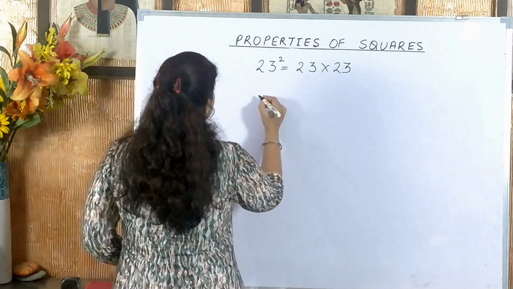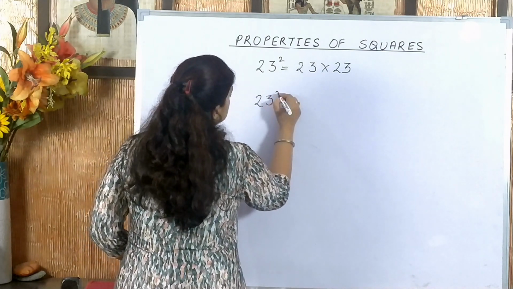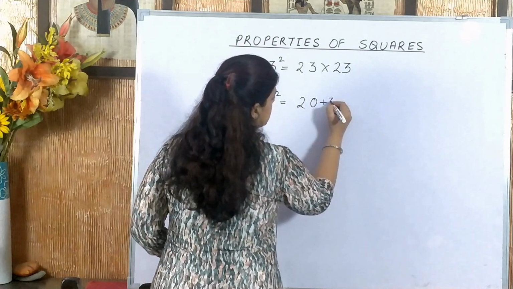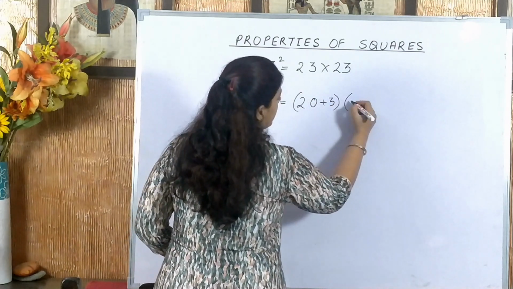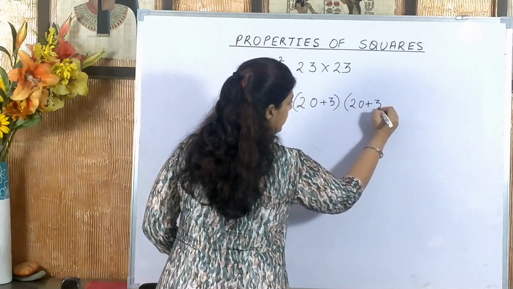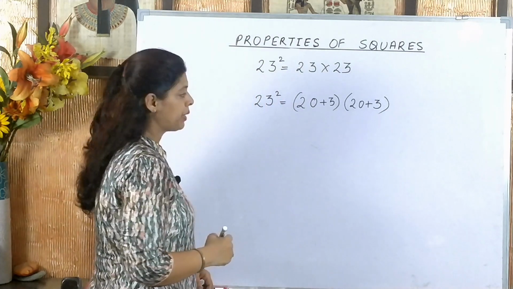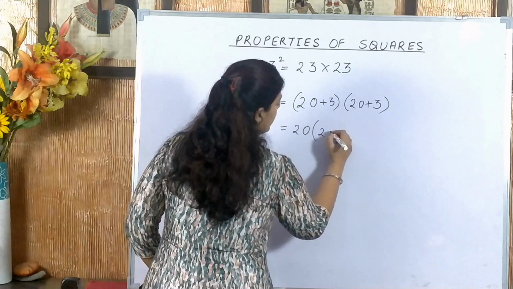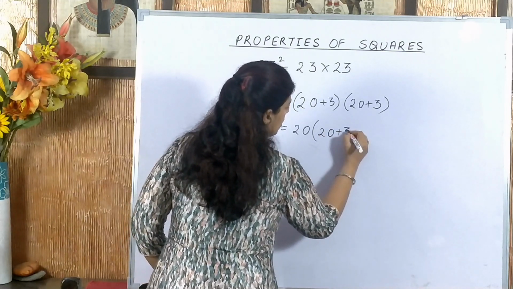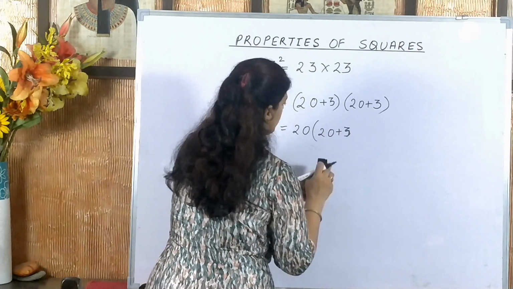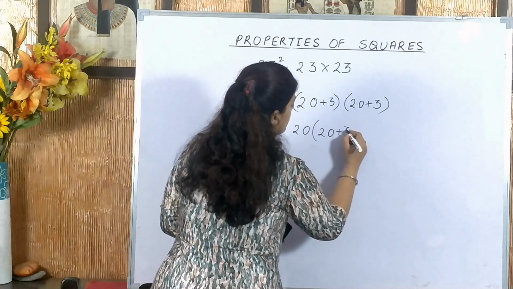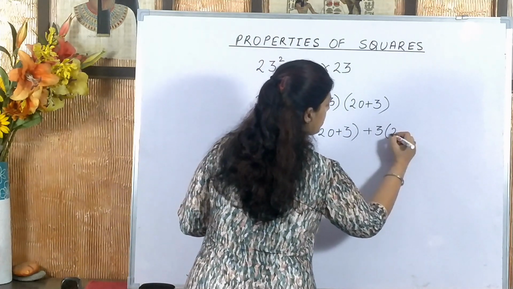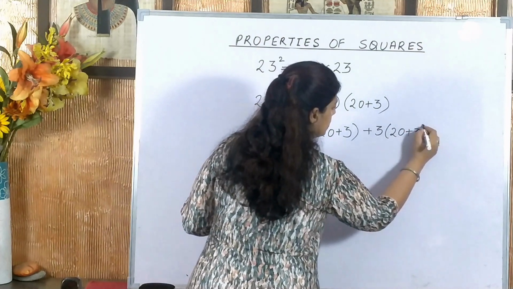But this can also be written as 23 square is equal to 23 can be expressed as 20 plus 3 multiplied by 20 plus 3. Now by opening the brackets we get 20 multiplied by 20 plus 3 plus 3 multiplied by 20 plus 3.